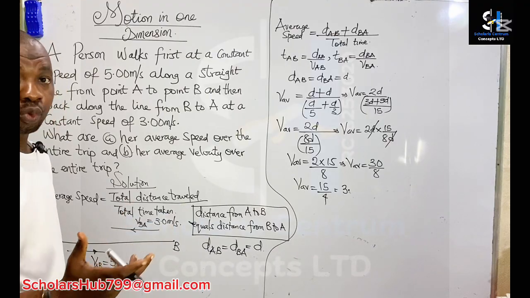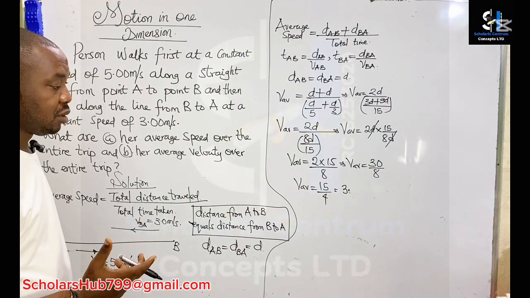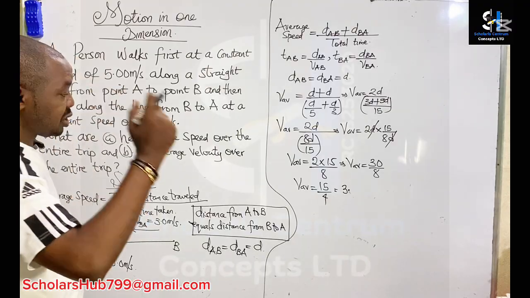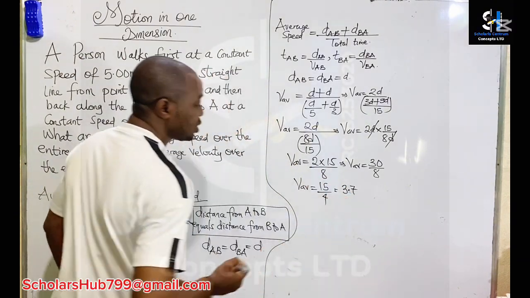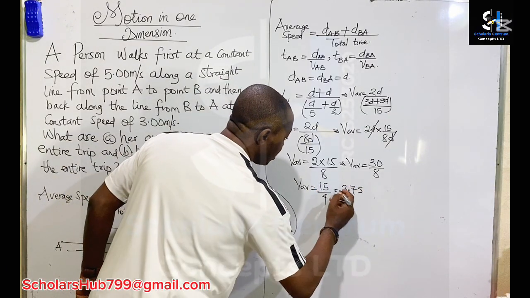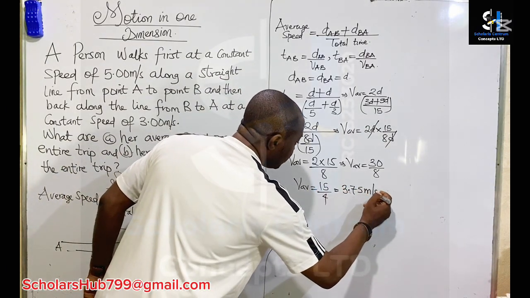That will be 3 point... 3 times 4 is 12. We have a remainder of 3. So in 30, that will be 28. That will be 7, because 7 times 4 is 28. Then in 20, that will be 5. So this will be 3.75 meters per second.